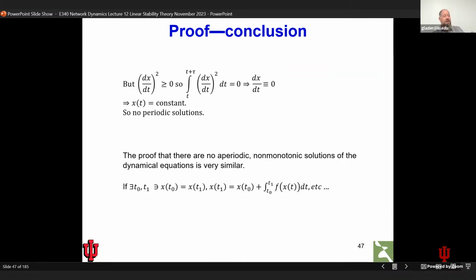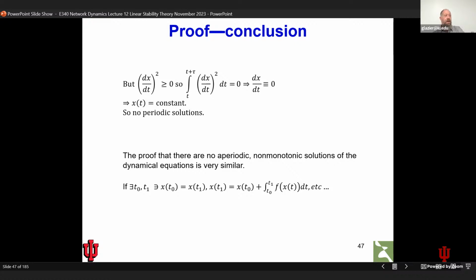But the left-hand side, (dx/dt) squared, is always greater than or equal to 0 because it's the square of a number. So the integral from t to t plus tau of (dx/dt) squared dt has to be greater than or equal to 0. But we know from the right-hand side that that's equal to 0.